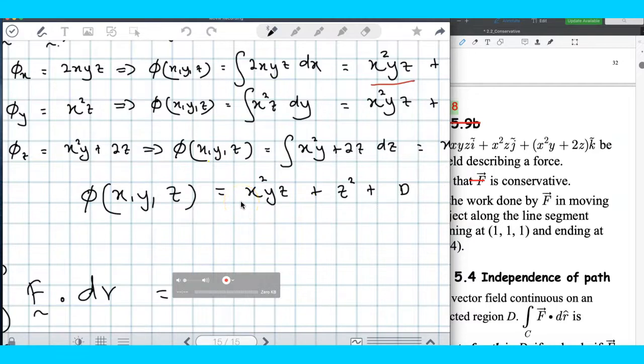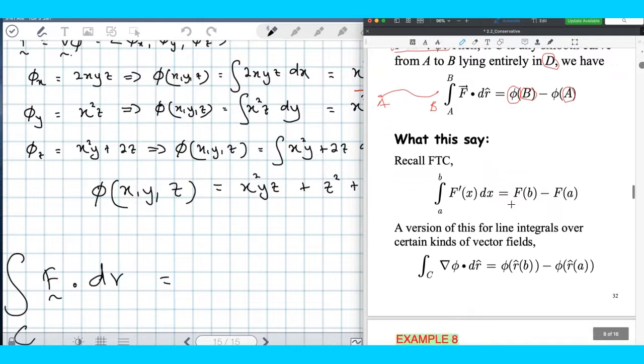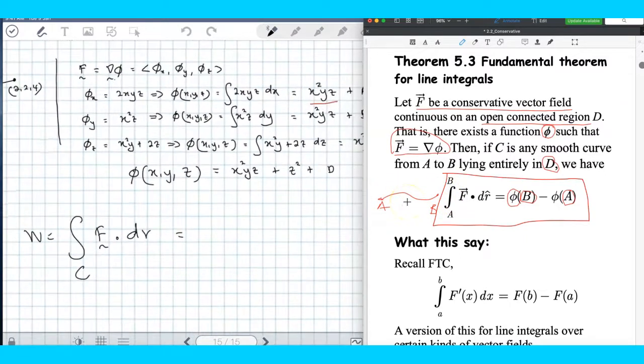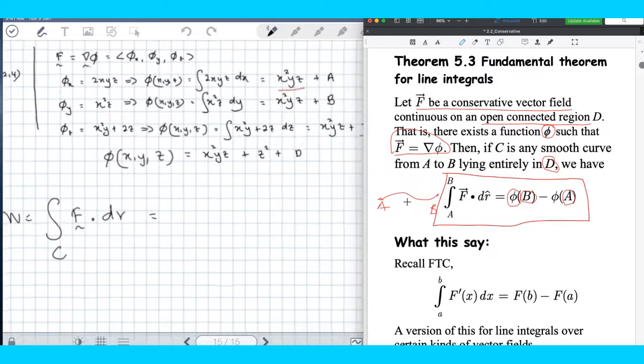Now we use the fundamental theorem of line integrals. The condition is an open connected region, so you must have an open curve, and this is an open curve from the point (1, 1, 1) to (2, 4, 4).